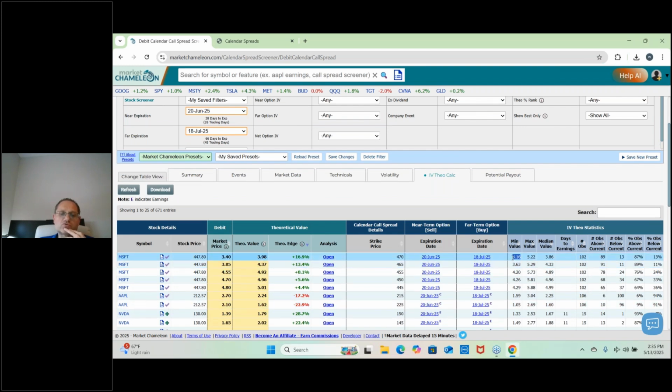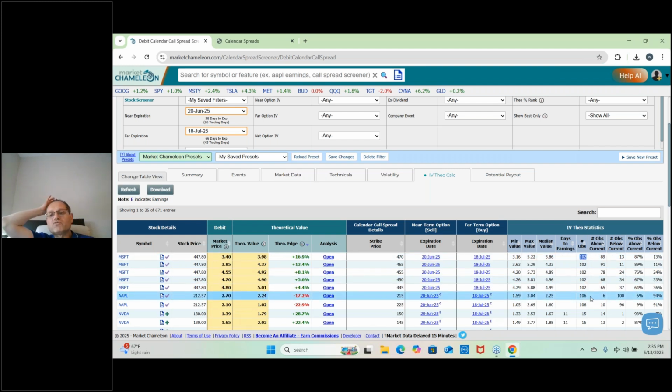Here's the historical range, 316 to 522, with a median of 386, and this is using 102 historical observations.